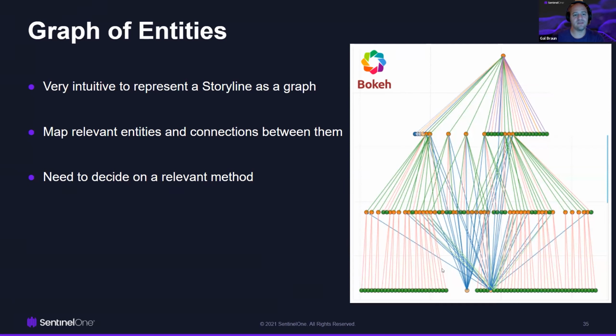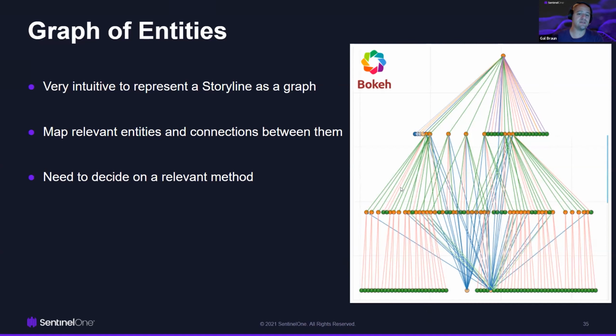For example, these green lines here are files and the orange ones are processes. Example events would be process creation, file modification, file deletion, registry key modification, and so on. So as you can see, it's very intuitive to represent the storyline as a graph.